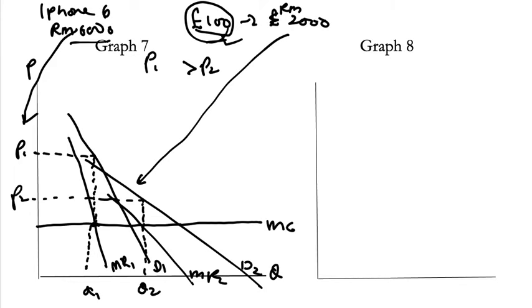You may see in reality, demand for some goods and services increases sharply during particular times of the day or year. I give you one example. During school holiday, the demand for theme parks such as Genting Highland is very high. So many people will come to Genting Highland, or let's say to Legoland. And because of many people, of course the marginal cost will be higher during these peak periods.